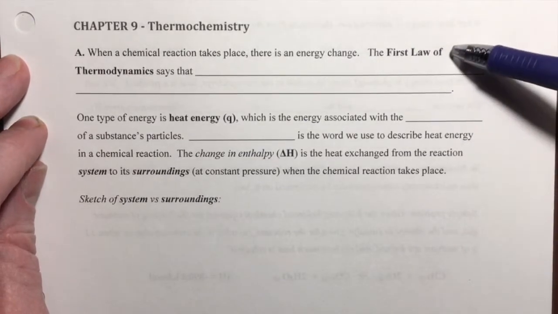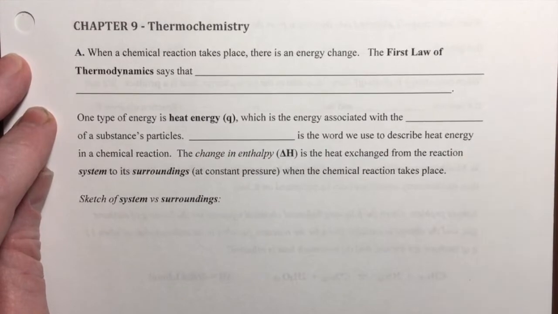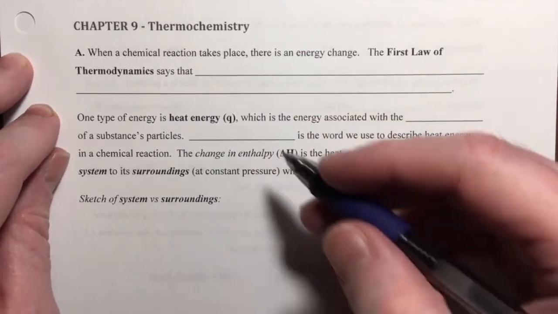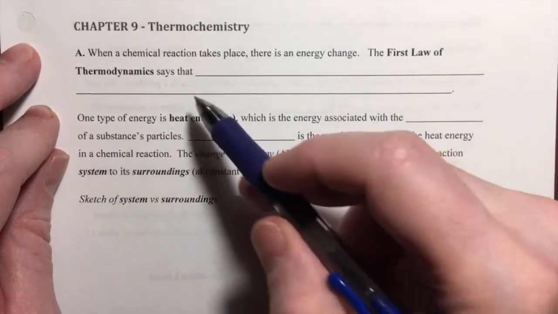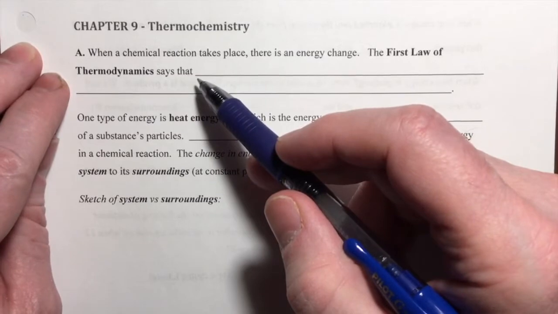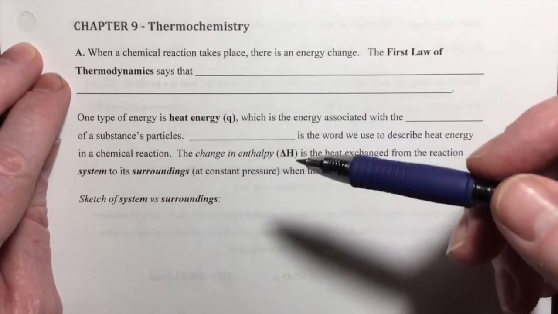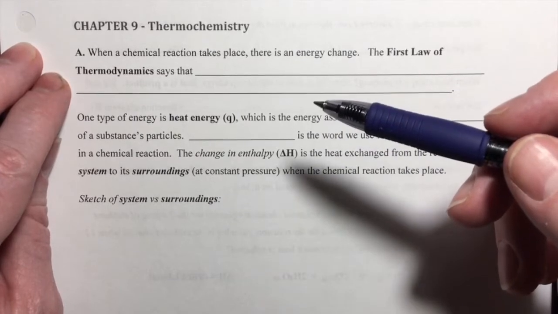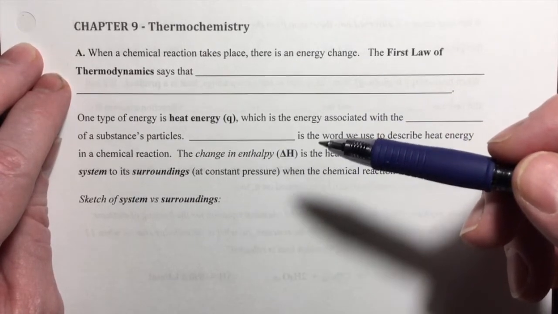So the first law of thermodynamics, we want to write this out because this is going to underlie a lot of our consideration moving forward. The first law of thermodynamics, and you may remember that we talked about this in an earlier chapter when we were discussing electron relaxations from a higher n level to a lower n level, quantum level.